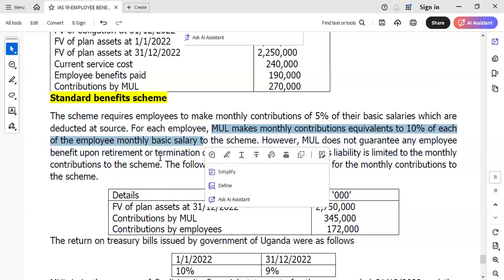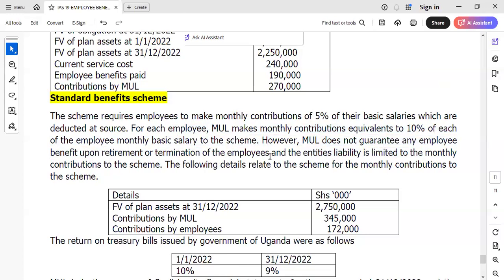However, MORU has no obligation on termination of the employees, and the entity's liability is limited to the monthly contribution to the scheme. So what does this one mean to you? It's like NSSF. Yes, defined contribution scheme. So this is a defined contribution scheme.